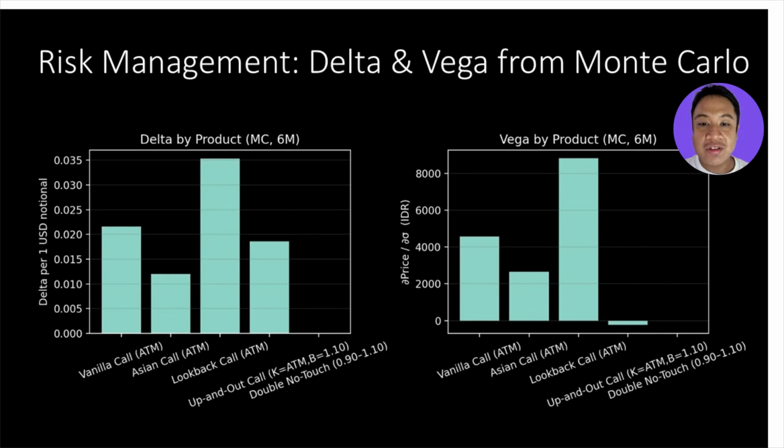Pricing is only half the story. For a real trading desk, risk management is everything. On this slide, you see delta and vega for each product, computed directly in Monte Carlo by bumping spot and volatility and repricing. Products with big upside, like the look-back call, naturally have high delta and vega. The up and out has lower delta because many paths knock out.